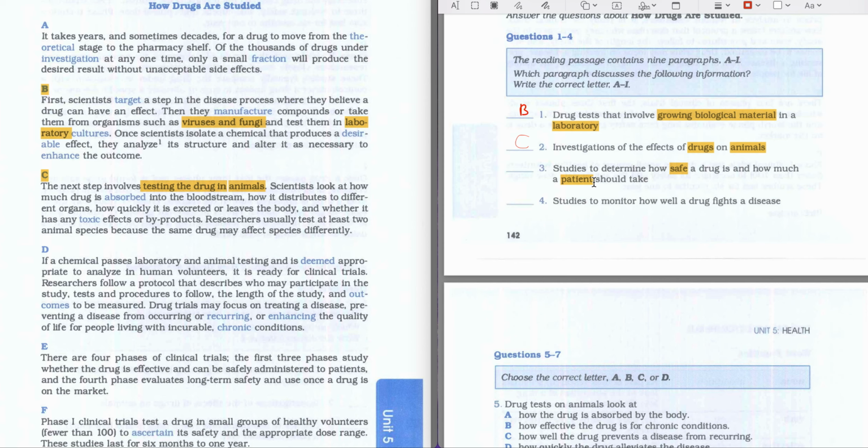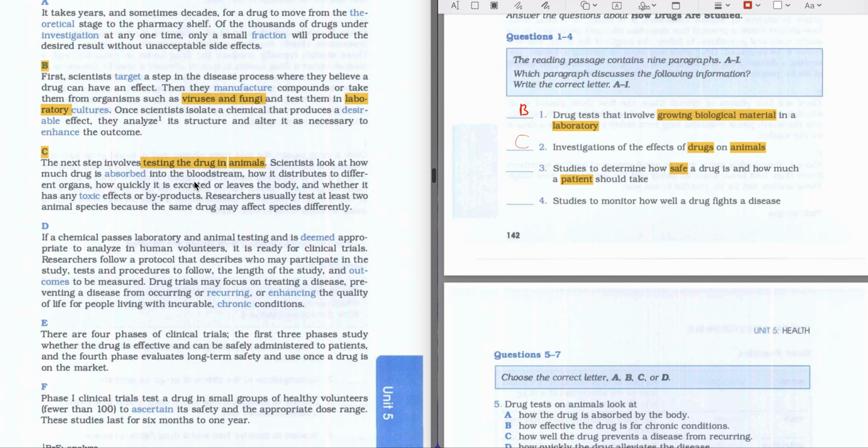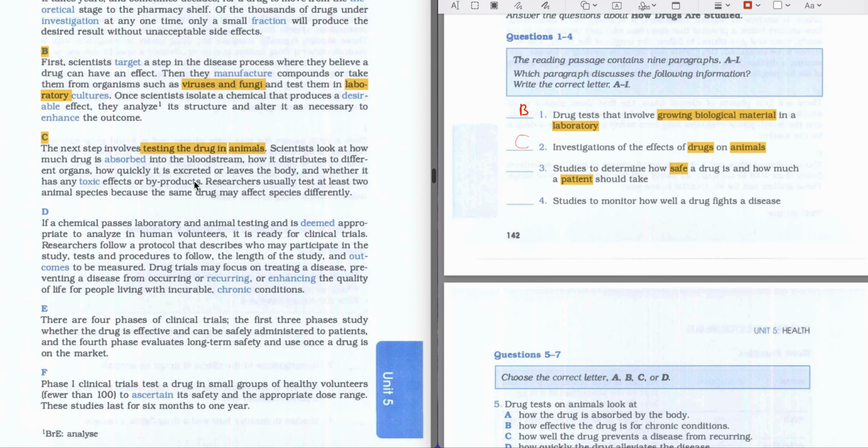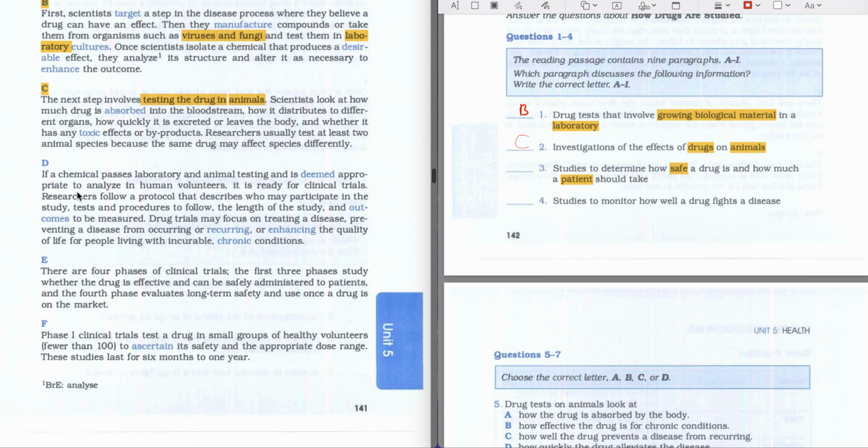Let's go further. We know this is the answer to our previous one, and here let's scan. We even scanned here before, and we know that the answer is not here. We don't have any information here about the patients and about the safety of these drugs. So let's scan further, and try to find any information about safety and about patients.